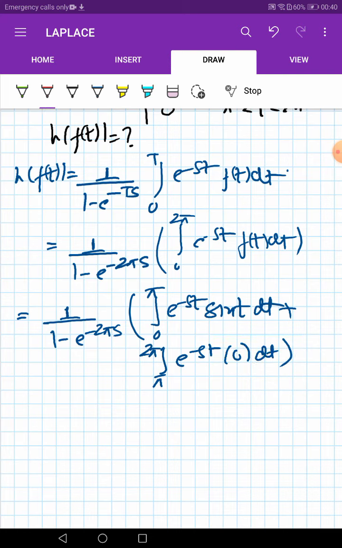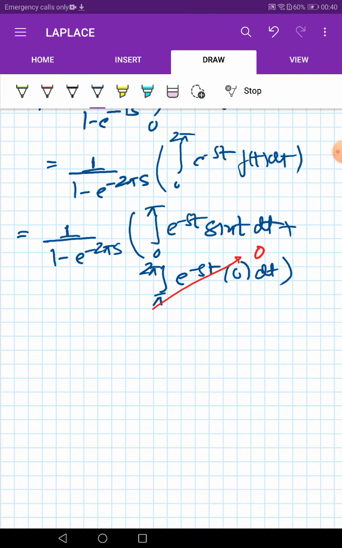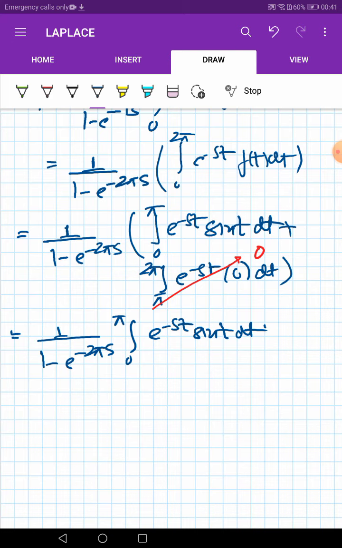So this term will be completely gone, and we are left with 1 by 1 minus e power minus 2 pi s, integration 0 to pi e power minus st sin t dt.